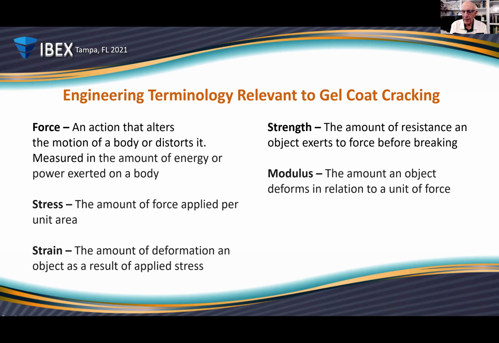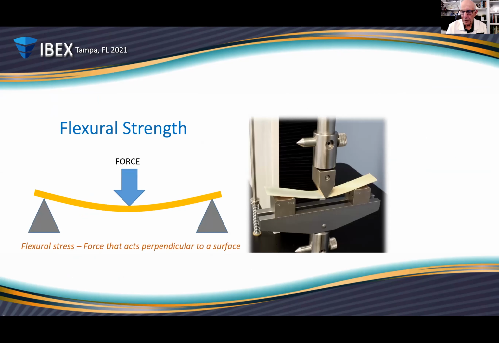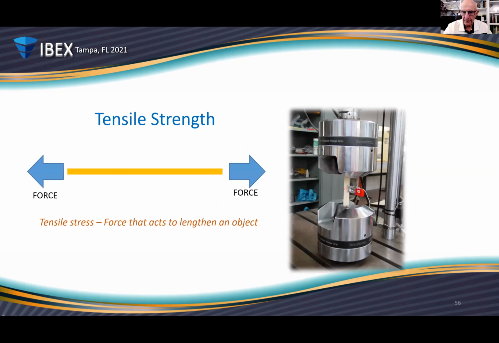So when we start talking about gel coat cracking and we start throwing these pieces of terminology around, it helps when we're using the appropriate engineering terms. Just to go through these real quick, flexural strength is force that acts perpendicular to a surface. That's flexure. So we talk about a panel flexing, the panel is doing this sort of thing.